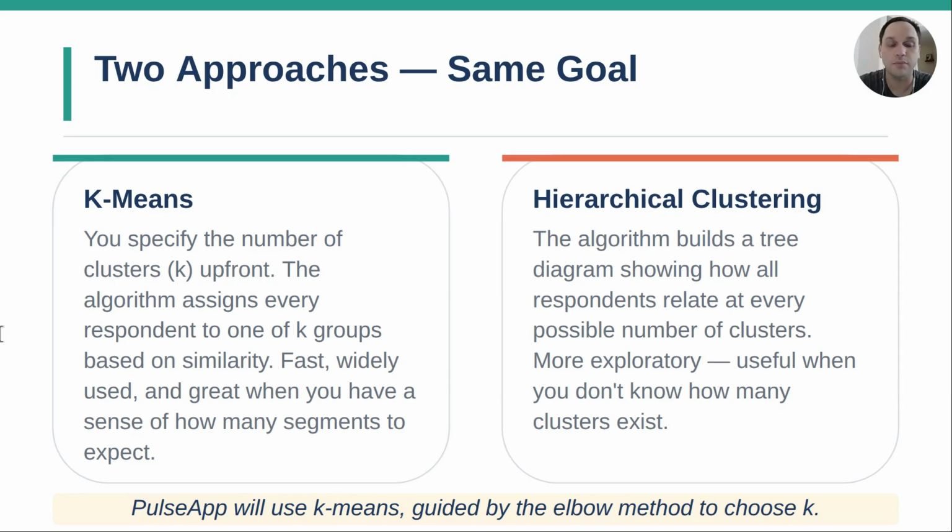It builds a complete tree diagram showing how all respondents relate to each other at every possible number of clusters, from one big group all the way down to everyone in their own group. It's more exploratory and useful when you genuinely don't know how many segments to expect. For PulseApp, we'll use K-means, guided by a method that helps us choose K.